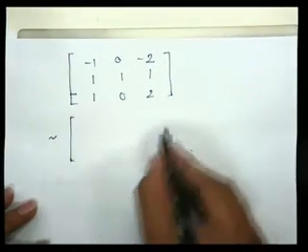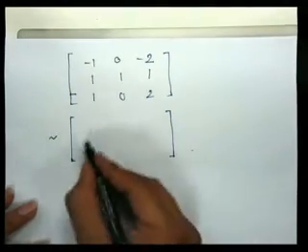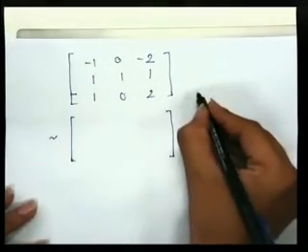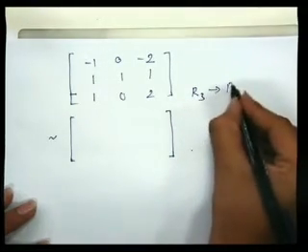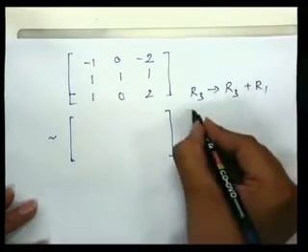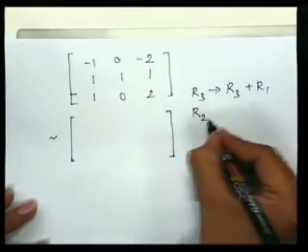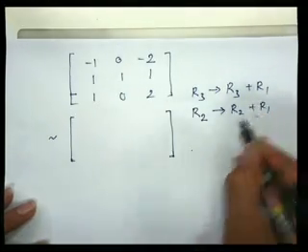So what operations will we carry out? We will just apply two operations: R3 is replaced by R3 plus R1, and R2 is replaced by R2 plus R1.